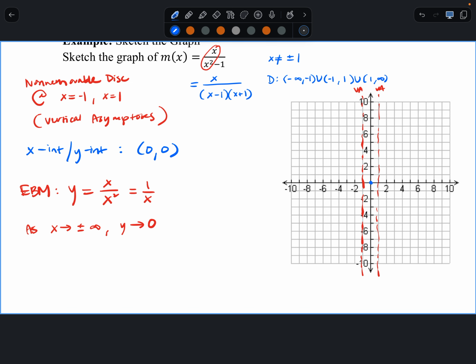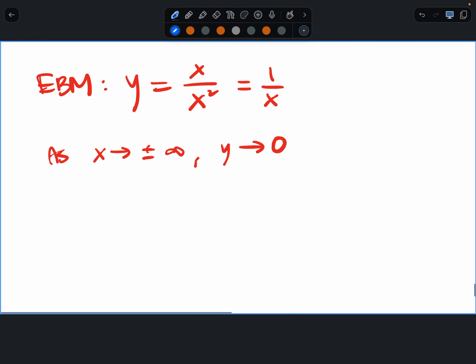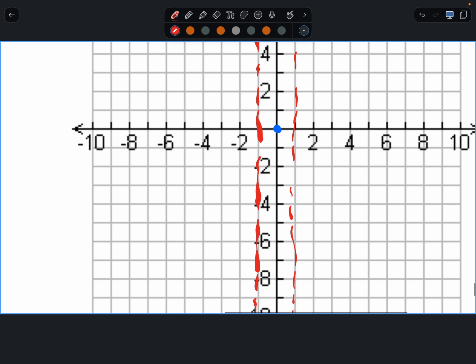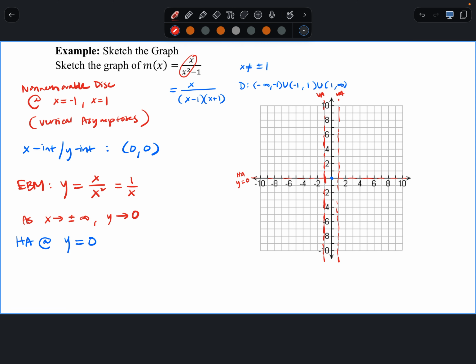Picking a value like negative 1.001, we put this into the original one, right? Well, the original or the factored form is fine. They're the same. It's probably easiest to use the simplified one. So we would have negative over a positive, which means m of x is approaching negative infinity.